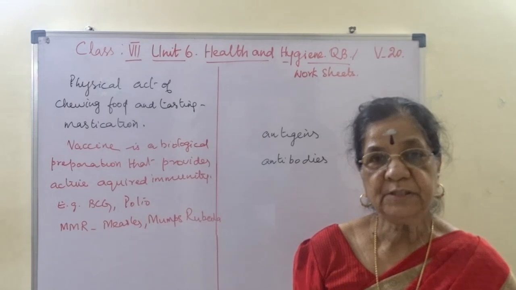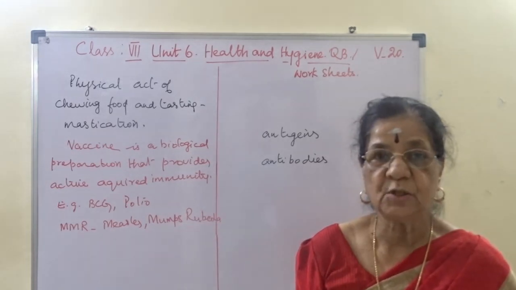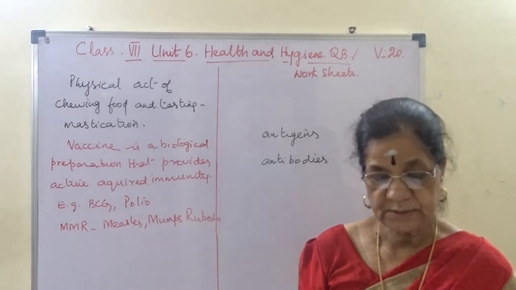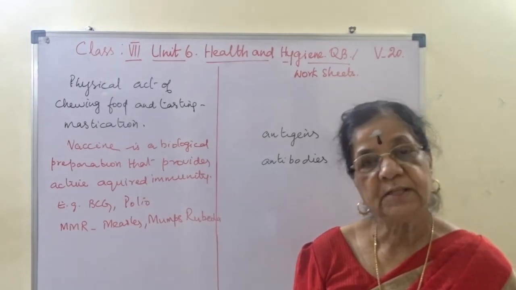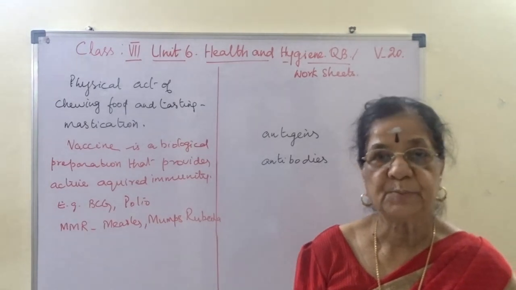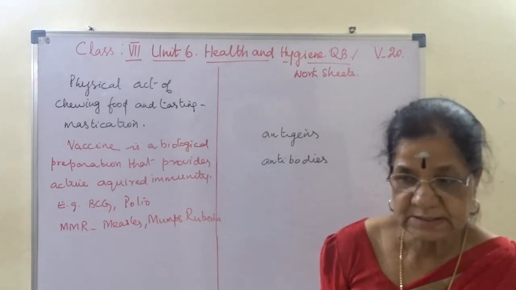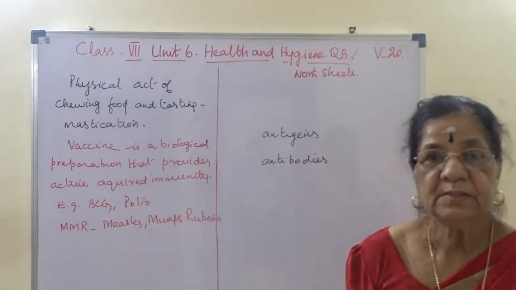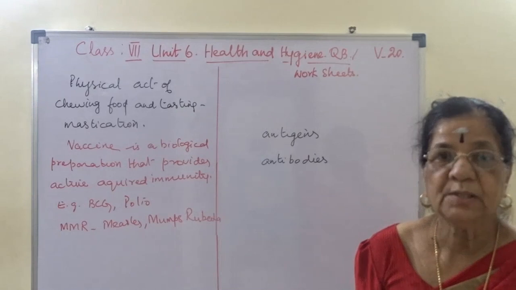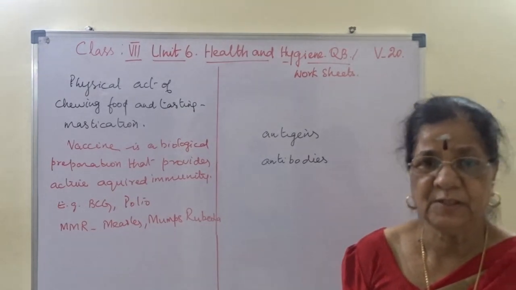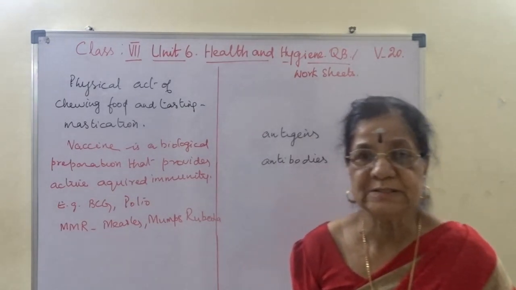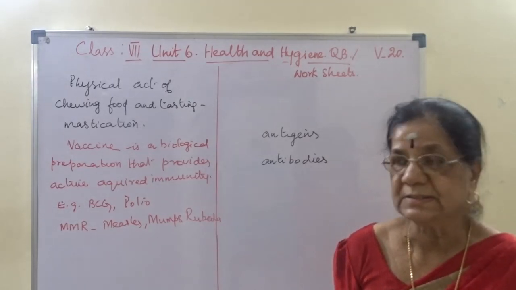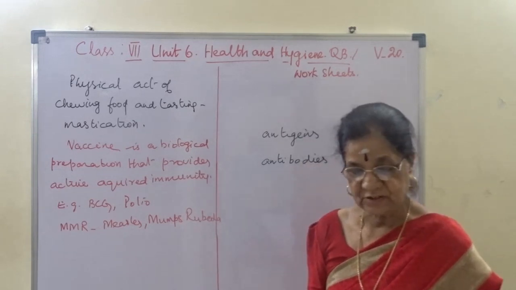Then name the modes of transmission of communicable diseases: air, water, and direct or indirect contact. We have studied airborne diseases and waterborne diseases. Airborne diseases can be caused by viruses or bacteria. In the same way, waterborne diseases can also be transmitted by bacteria and viruses. These are all modes of transmission.